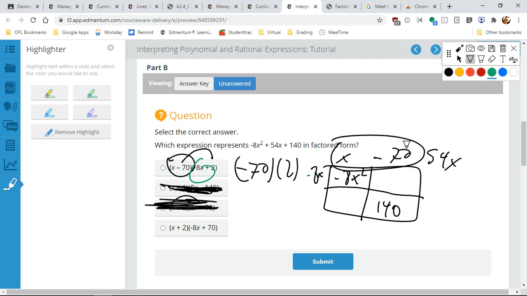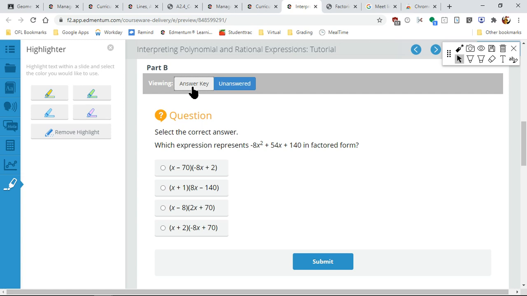So this is a negative and this is a +2. If I do that, I would get negative that, which this is not. Because they're not doing the GCF, this just becomes an elimination problem. This cannot work. So by process of elimination, my answer has to be D.